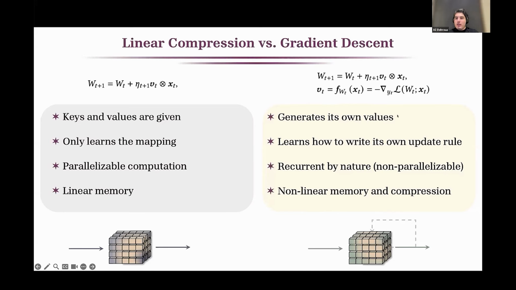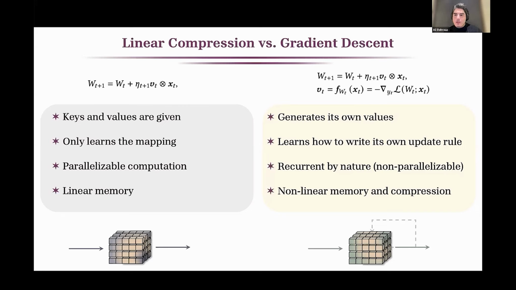But there is a very interesting difference between these two, which makes gradient descent not a form of linear recurrence or generally linear attention. The point is this value term that we have here. In linear attention, keys and values are given.